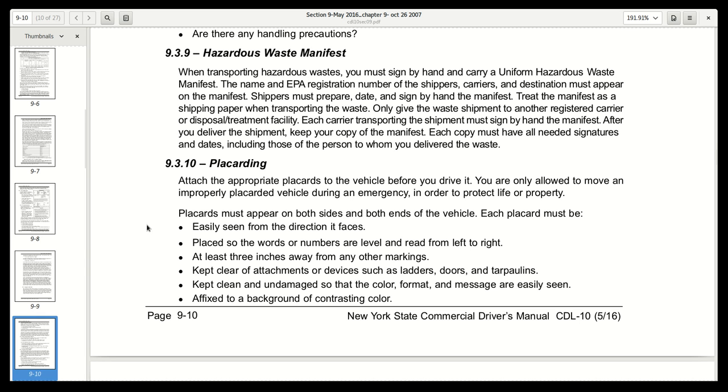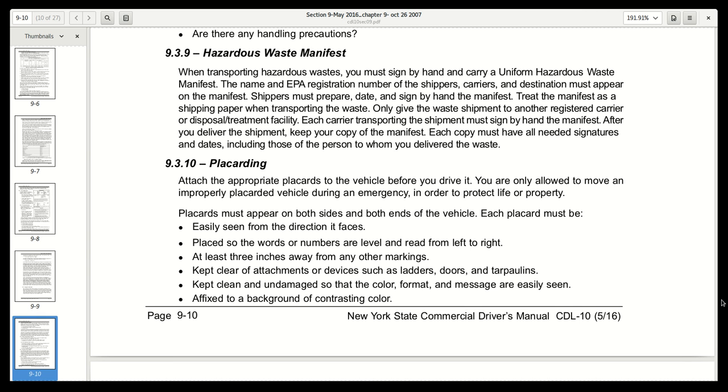9.3.9 Hazardous Waste Manifest. When transporting hazardous waste, you must sign by hand and carry a uniform hazardous waste manifest. The name and EPA registration number of the shippers, carriers, and destination must appear on the manifest.